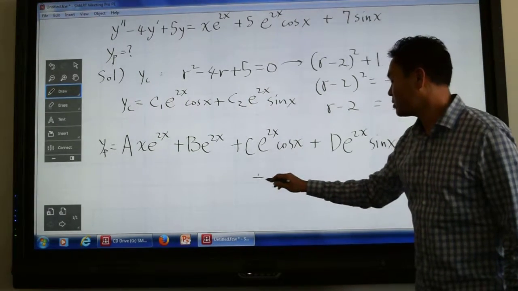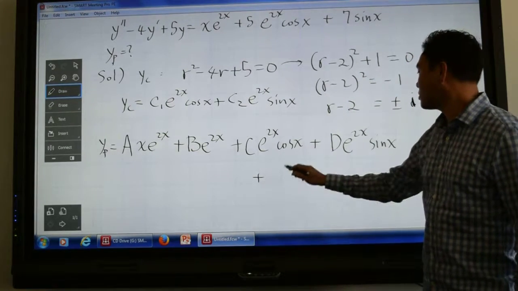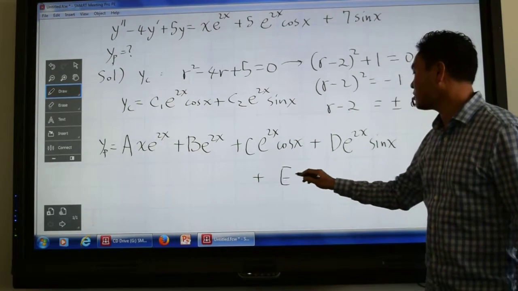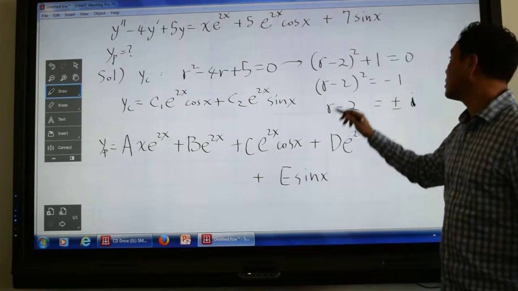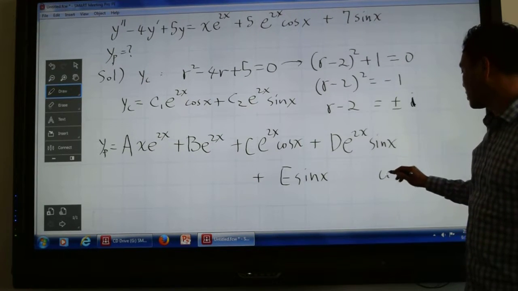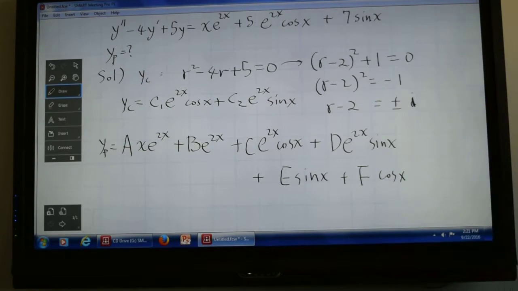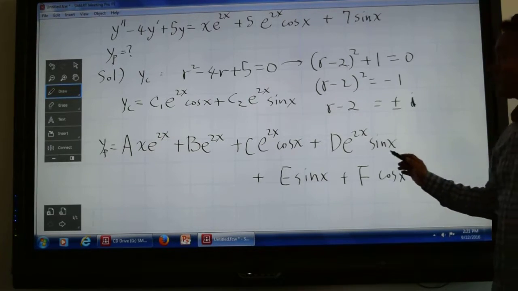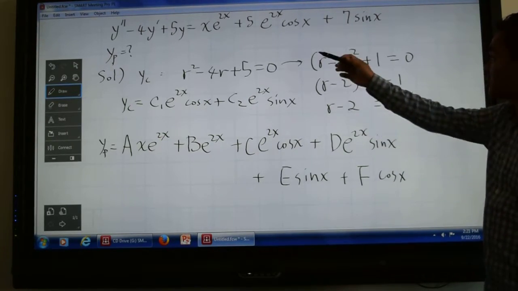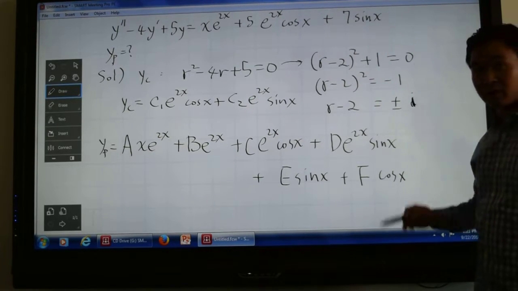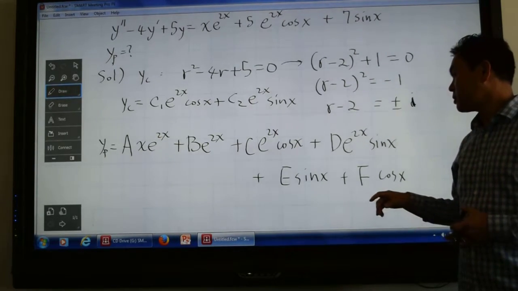You put e sine x. And then the next one should be f cosine x. So this is what you need in order to have your functions, when you plug into the left side, produce the right side. Okay?